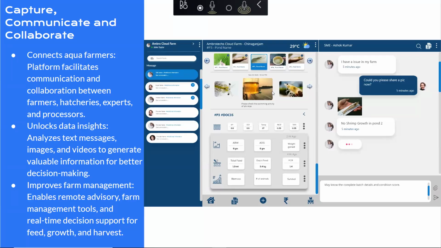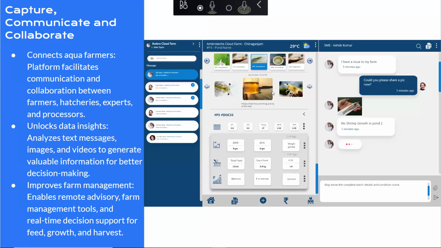form. Like you can see what was the pH, what was the TO, what is the current ABW, what was the feed given till date, what is the FCR ratio. So he is getting a complete report card of what all things have happened with this form, and he will be able to diagnose better and diagnose quickly.